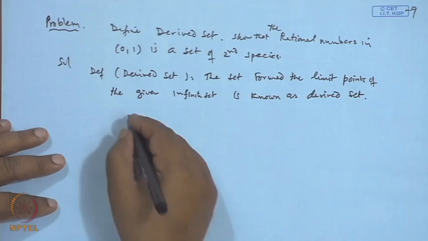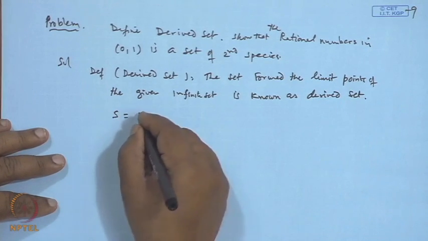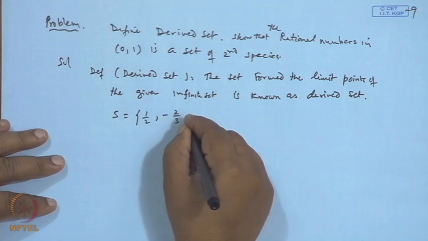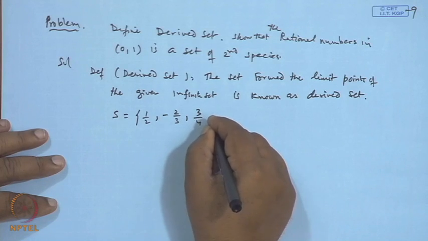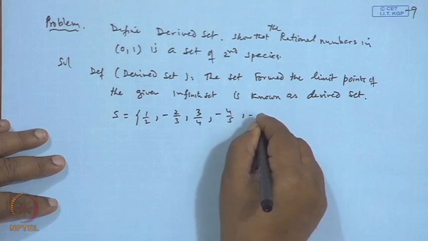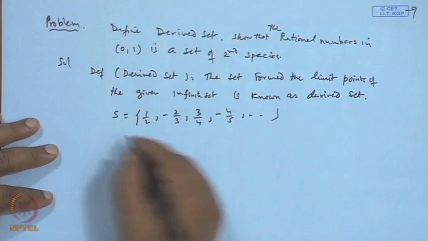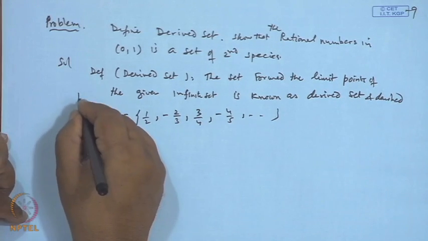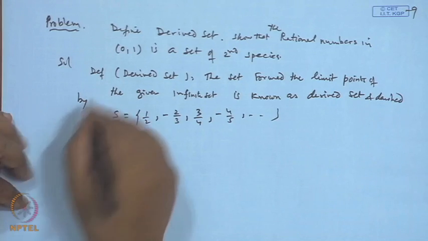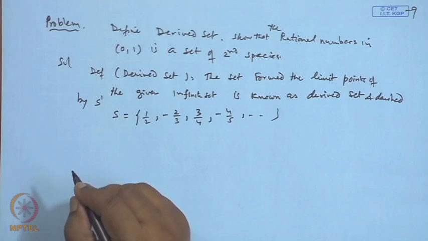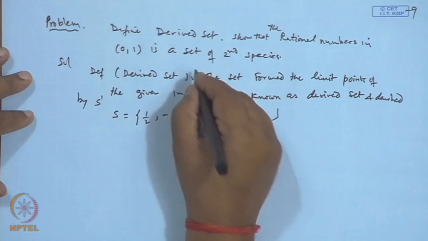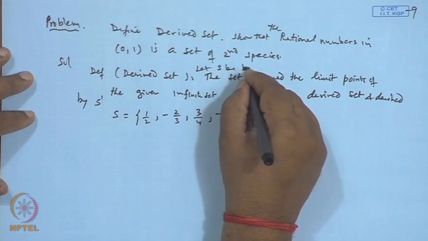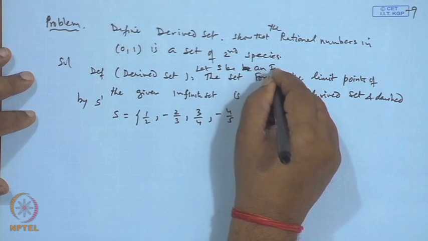So suppose I take the set S having the points 1/2, minus 2/3, 3/4, minus 4/5 and so on. Now the derived set is denoted by S dash. So let S be an infinite set of points.